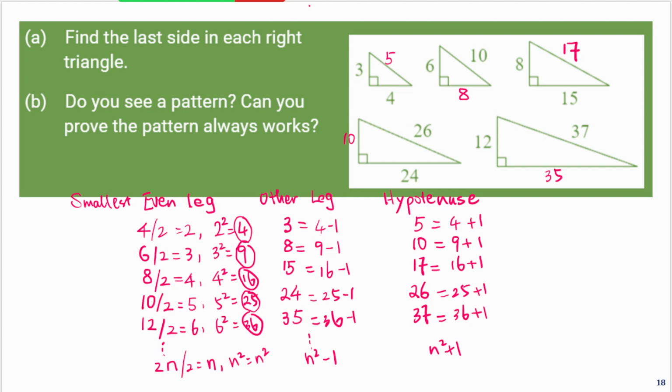So the problem is, can you prove this is always true for any number n where n is greater than 1? Which basically means one of the legs is 2n, the other leg is n squared minus 1, and the hypotenuse is n squared plus 1, right? Can you prove this is actually a Pythagorean triple?